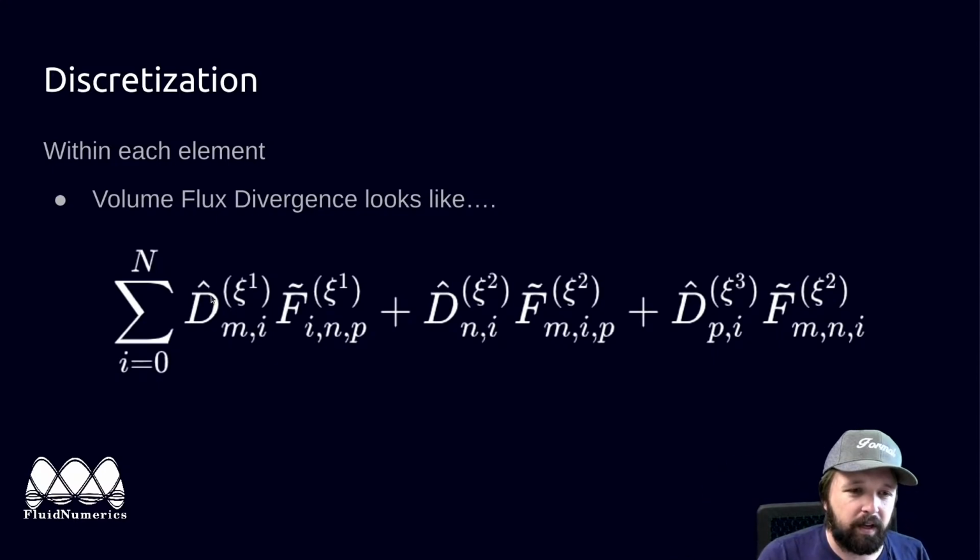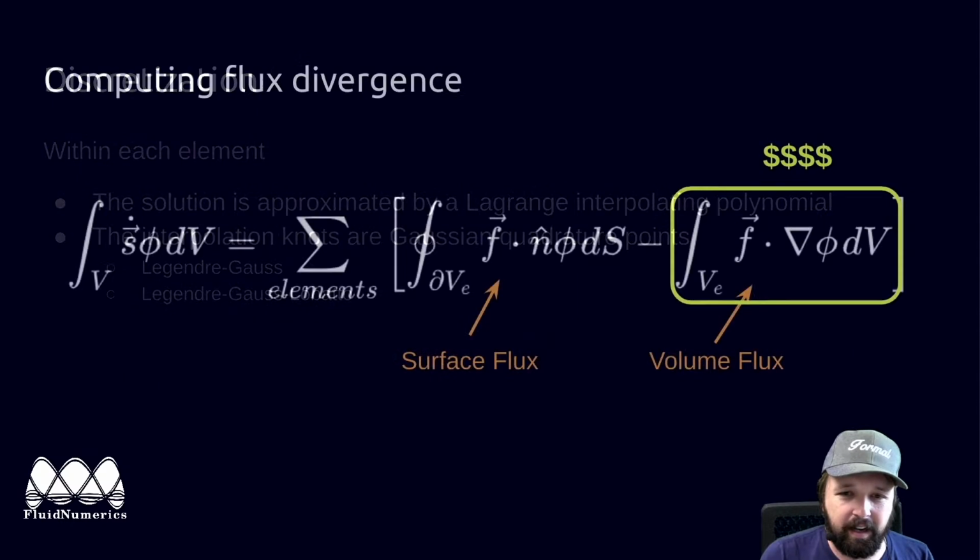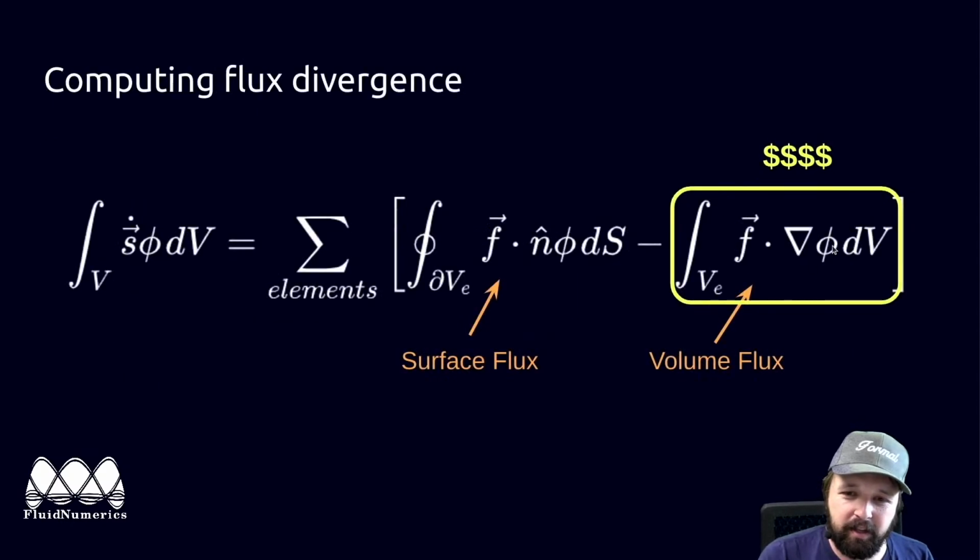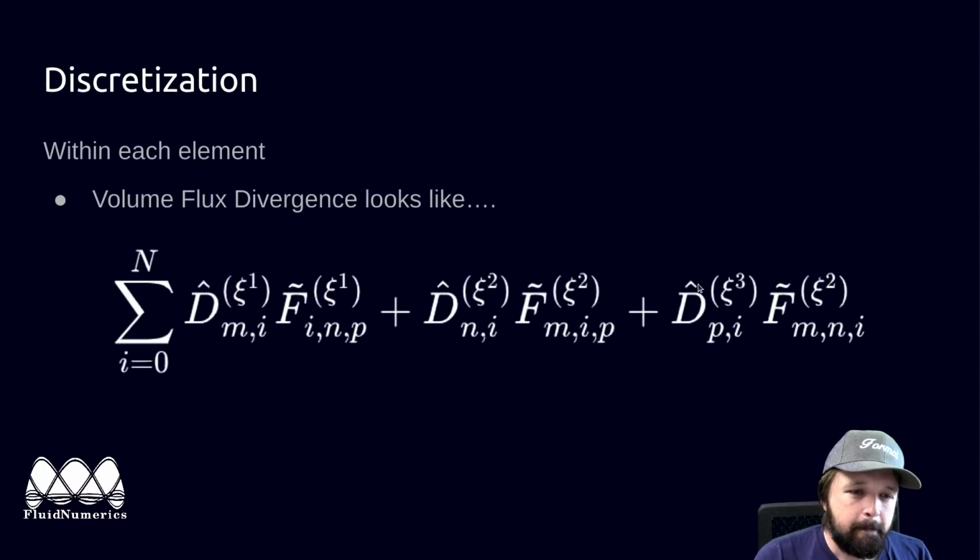So this first term, this D hat matrix, is what we call the DG derivative matrix. That is what comes out if I substitute in for grad phi here a gradient of my Lagrange interpolating polynomials. If I do this summation operation on the first dimension of the vector, that gives me the derivative of the first component of the flux in the first direction.